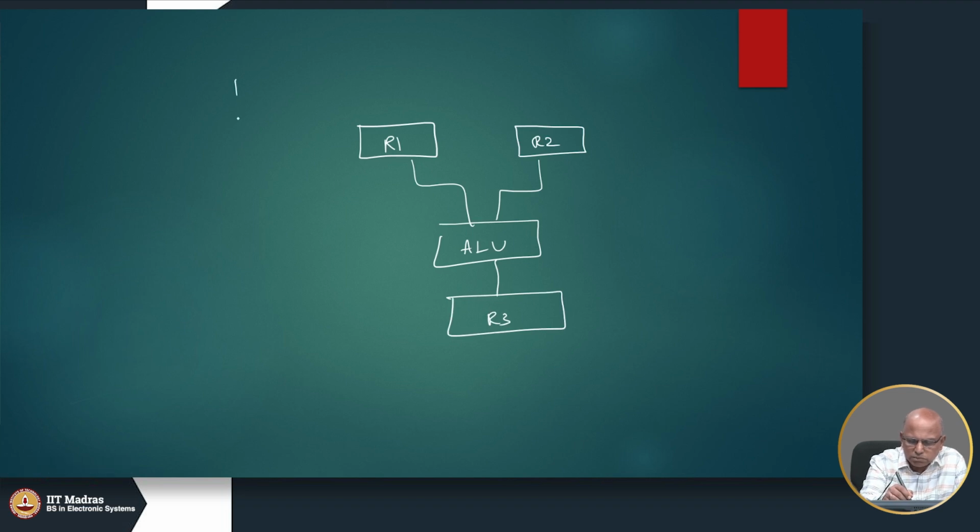And maybe there is some other circuit here which is feeding R1. Okay, so maybe it is some barrel shifter or something like that. Okay, and the same barrel shifter may also be feeding R2.